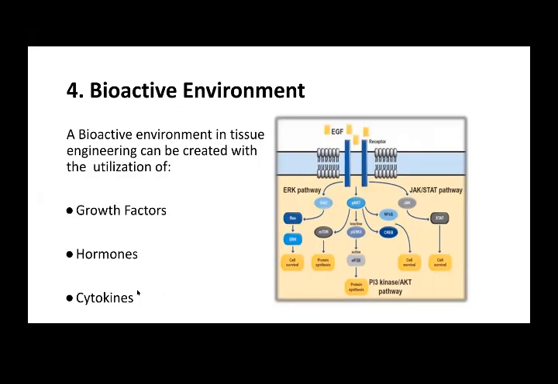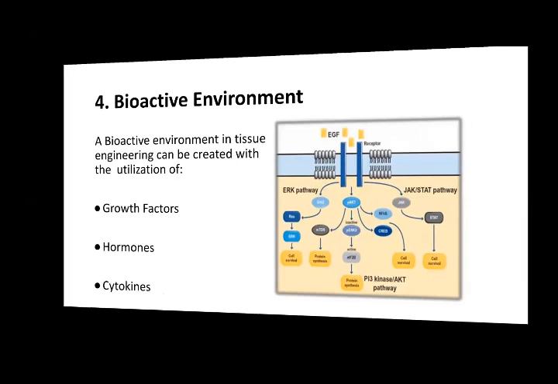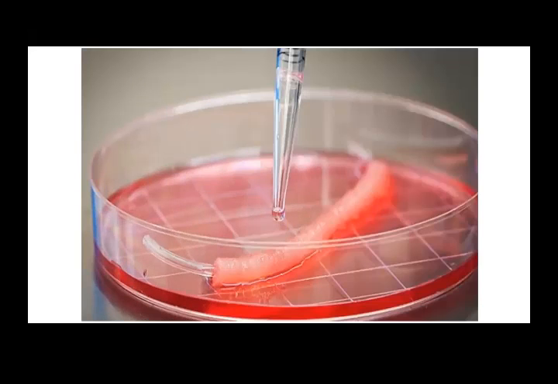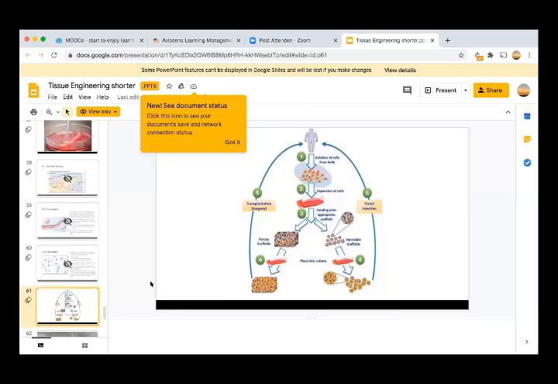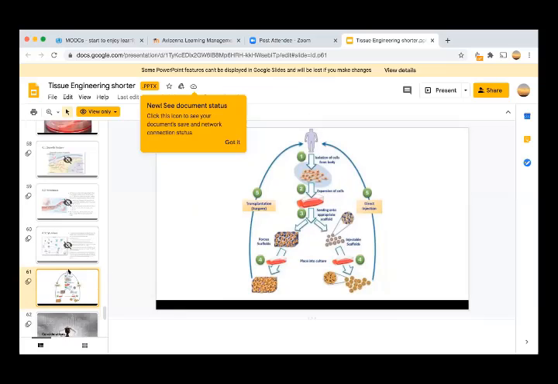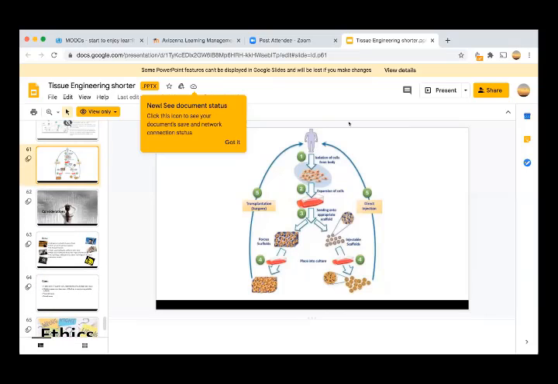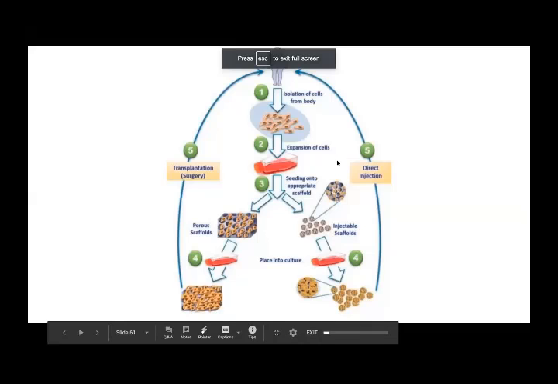These are your 3 main components in promoting a bioactive environment for tissue engineering. Initially, it's the same step here: we have isolation of cells from the body, as can be seen right here.